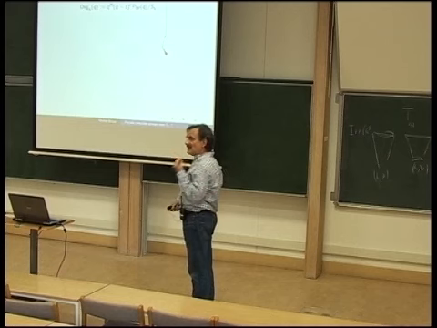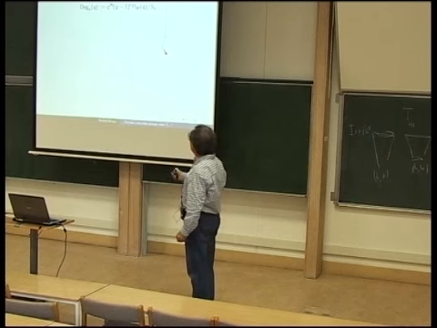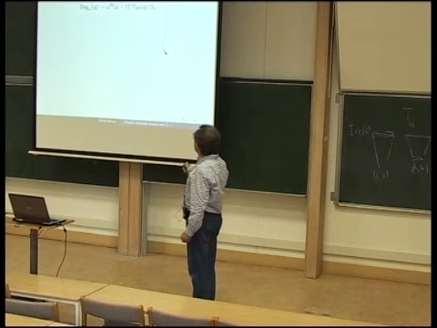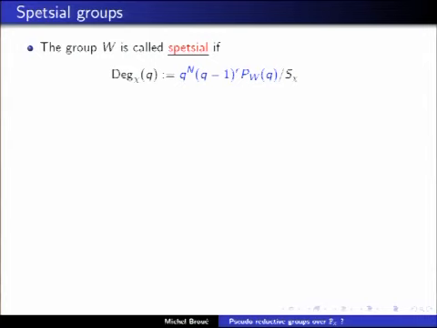If you start with the Weyl group, let me call P_W(q) the Poincaré polynomial of the Weyl group. Then this part, q to the n, (q minus 1) to the r, times the Poincaré polynomial, is the order of the corresponding reductive group by Steinberg's formula.